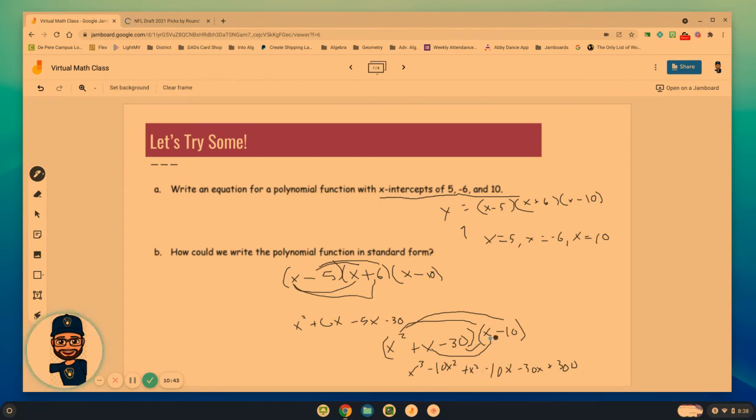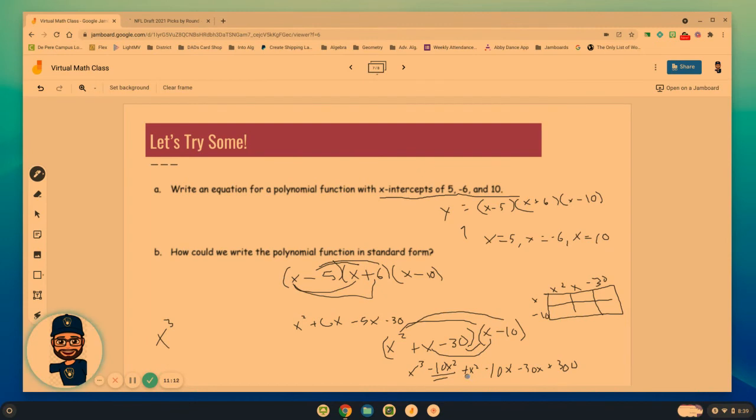Now, you could have used a box for this as well. You could have had a 2x3 box if you wanted, where the x and negative 10 maybe were the side with 2, and the x squared with the x and the negative 30 are on the side with 3, and you'd get those same results. We've got to combine like terms. X cubed is by itself. It's the only cubed.